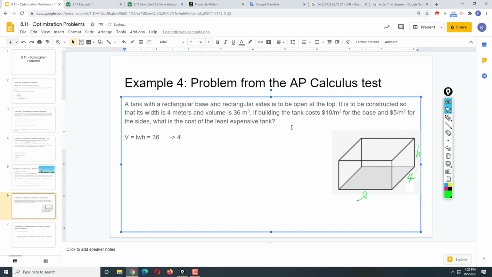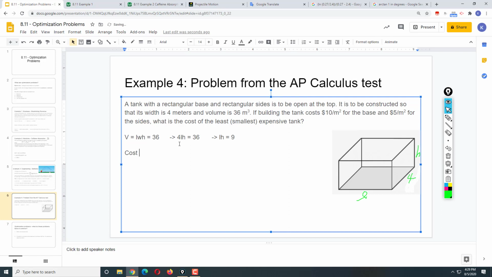Well, the width is 4, so 4 times length times height is 36, which means that length times height is 9. We'll come back to this in a bit. Well, we want the least, that's the smallest. We want to pay less money for this tank, so we want to minimize. What are we minimizing? How much we pay, the cost.